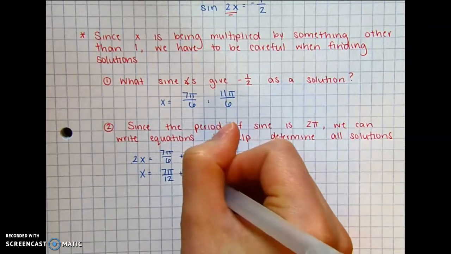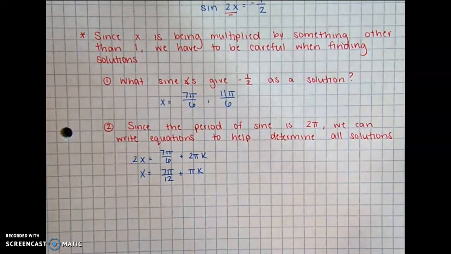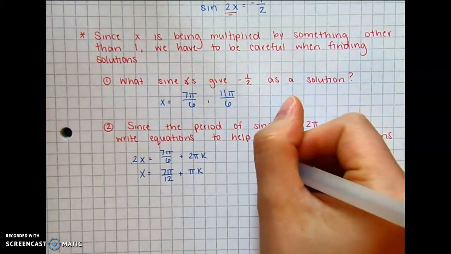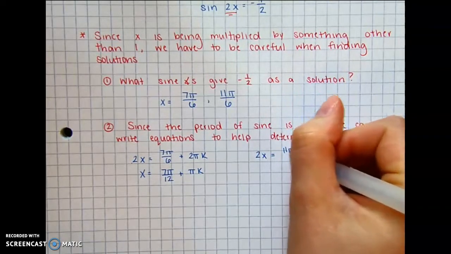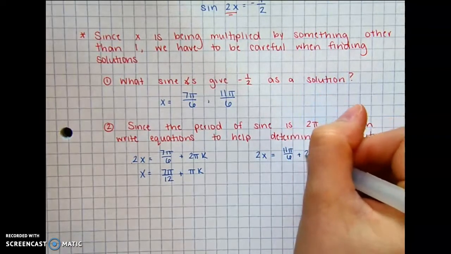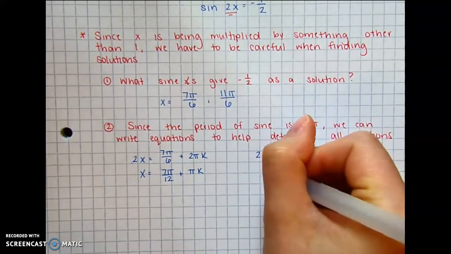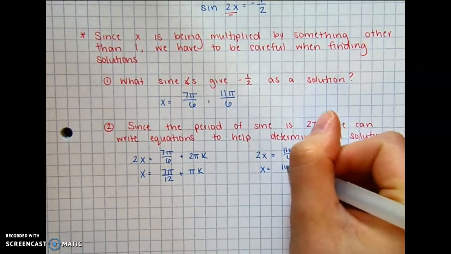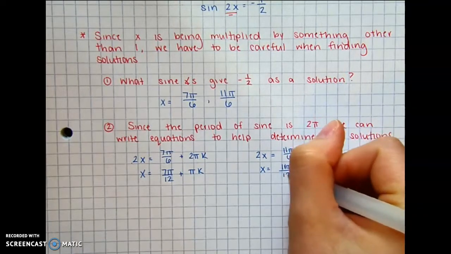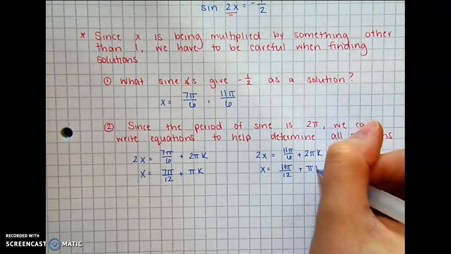And then this will be pi times k. And then for our second angle, same idea, except our angle will be 11 pi over 12 plus pi k.